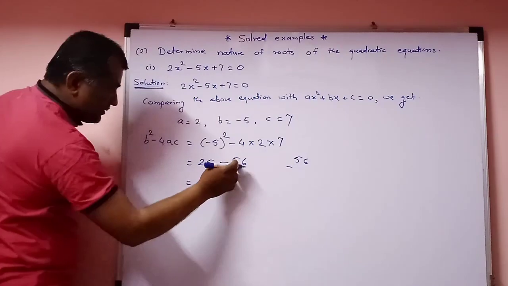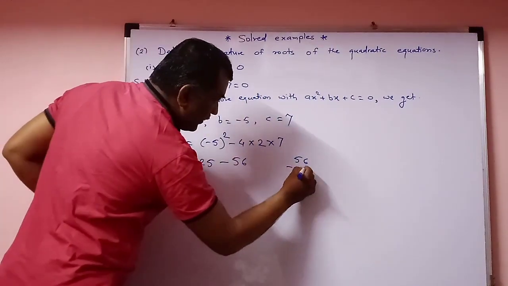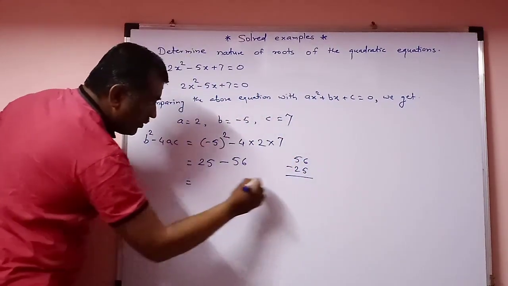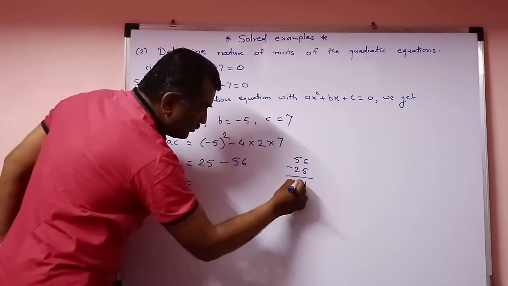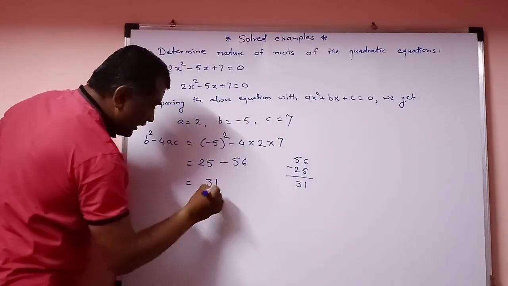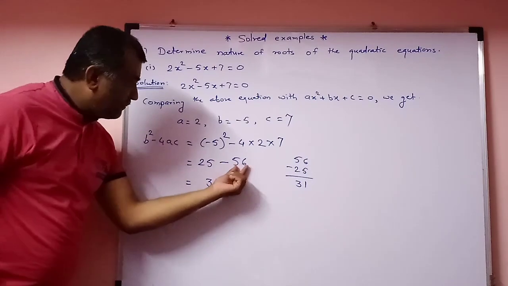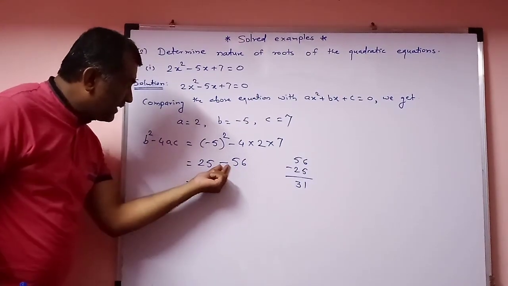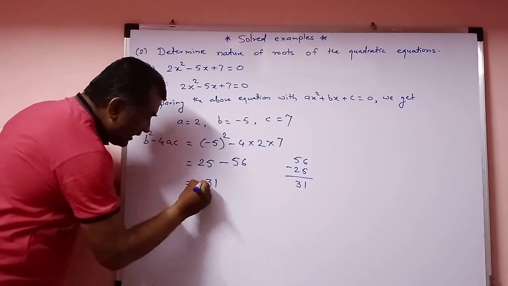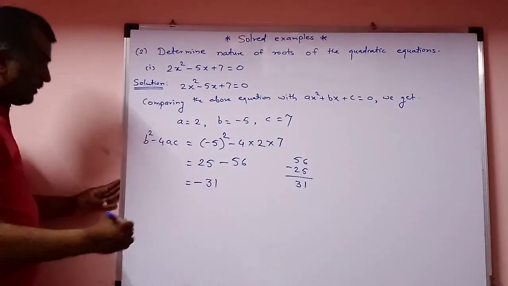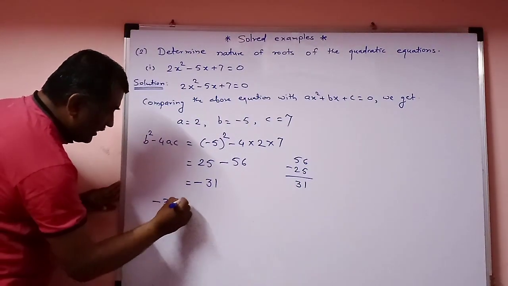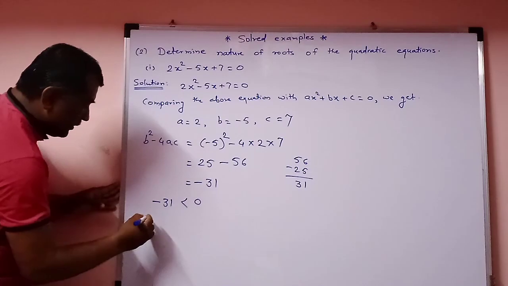Solve 56 minus 25. 6 minus 5, 1. 5 minus 2, 3. 31. And the bigger number is 56. Sign of 56 is minus. Therefore, answer is minus 31. Minus 31 is smaller than 0.